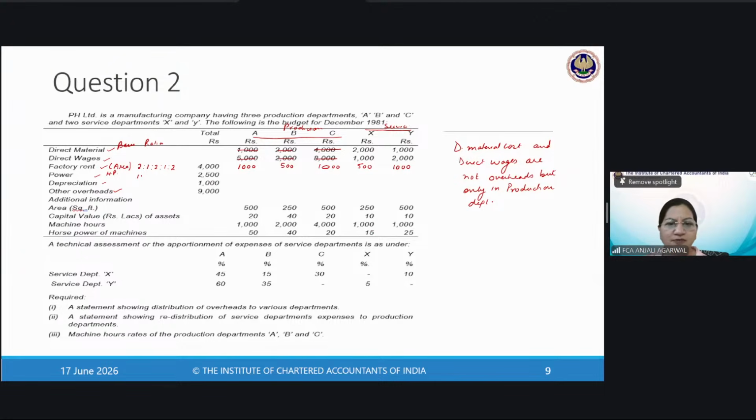So the ratio becomes 10 is to 8 is to 4 is to 3 is to 5. When I take the total of this, it becomes 30.